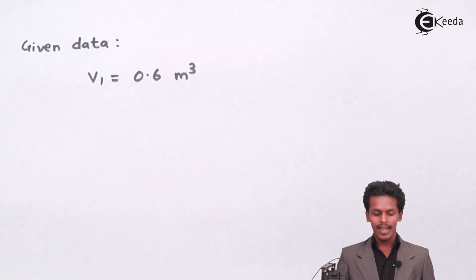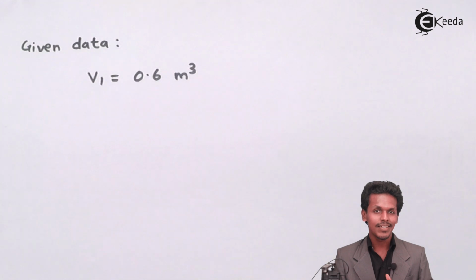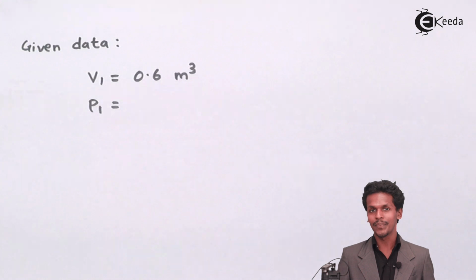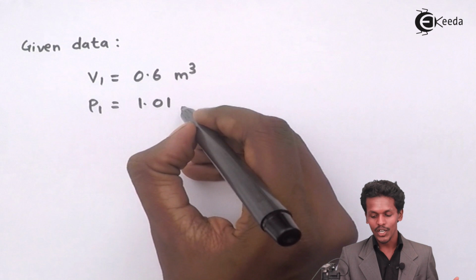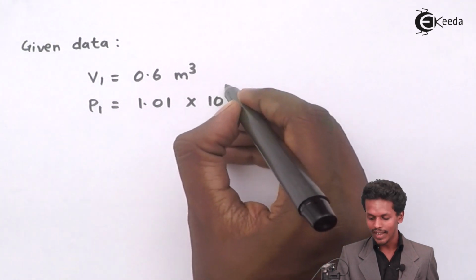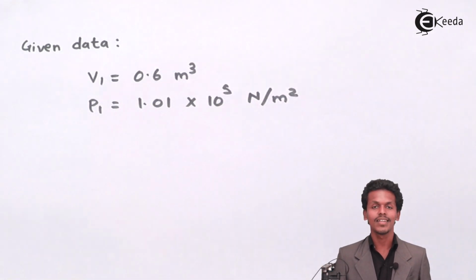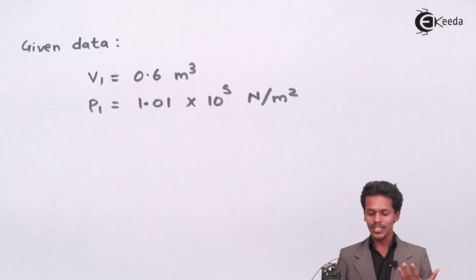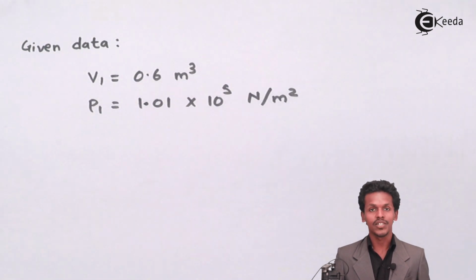And they have said that this volume is being maintained at a normal pressure. In this case, I would name the normal pressure as P1. But what is normal pressure actually? Normal pressure is 1.01 into 10 raised to 5 Newton per meter square, that is Pascal, the normal atmospheric pressure.